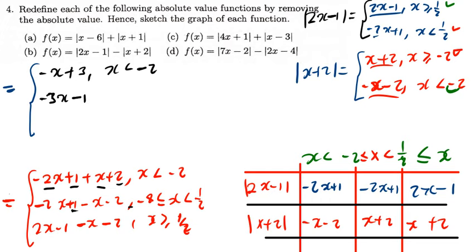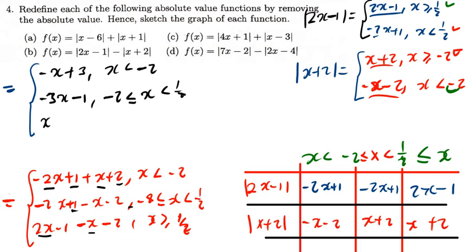Okay? The condition is that negative 2 less than or equal to x, and then less than half. Then for this one, it's going to be this guy and that one will give me positive x.